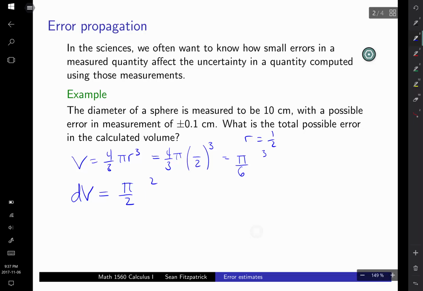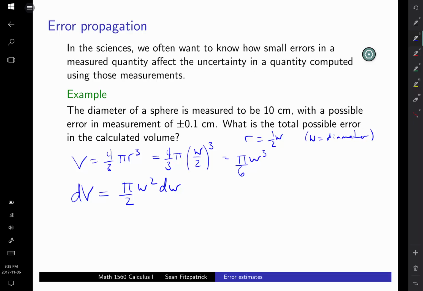Let's use w. So w here is my diameter, and we get pi over 2 times w squared dw. I should have known better than to use a d in a calculus class.